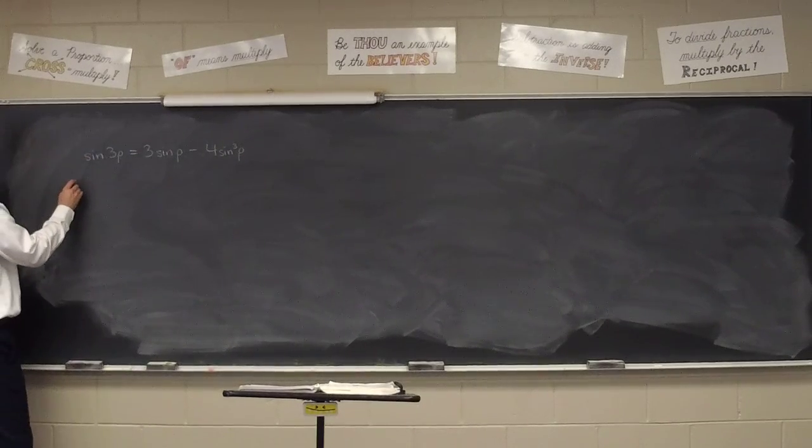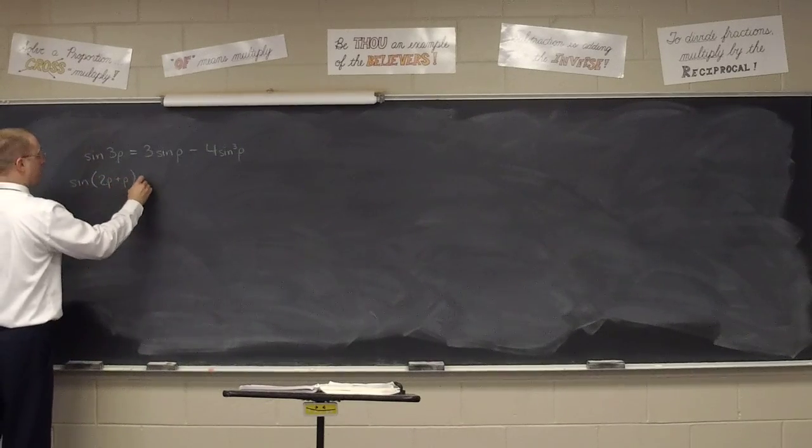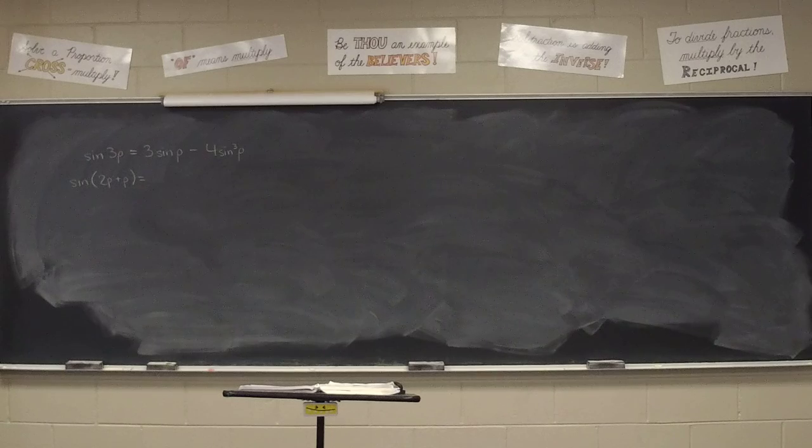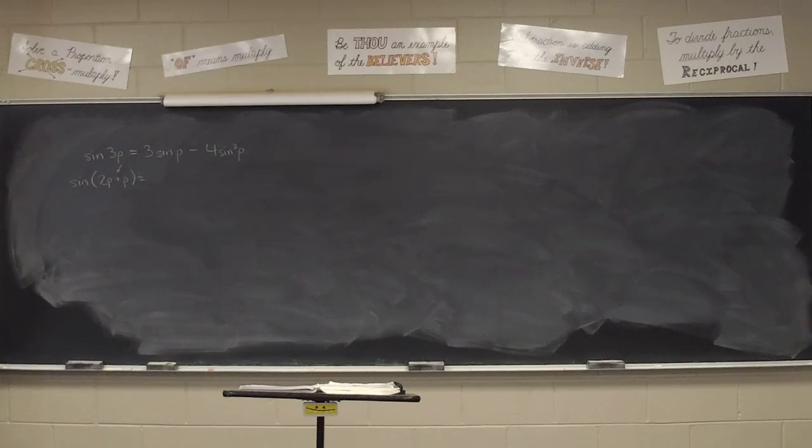And I can't write this as double nothing. So instead, what I'm going to do here is write this as sine of 2 rho plus rho. Just like we used to do for a double angle before we knew double angle identities, we do rho plus rho. Well, 3 rho, instead of doing rho, because I ain't got nothing for that, I'm going to do 2 rho plus rho, which means I have a sum identity. What is my sum identity for sine?